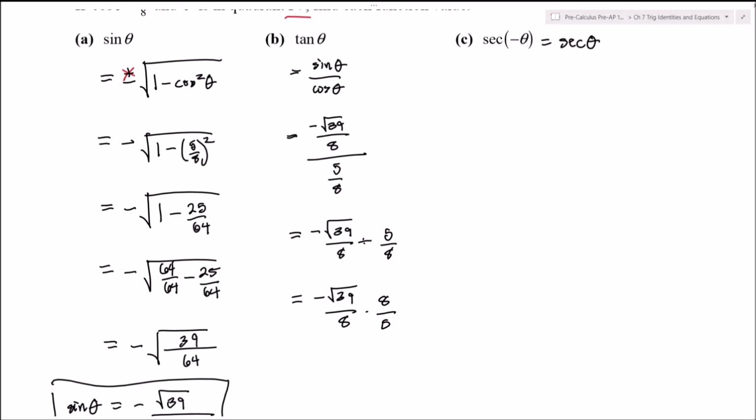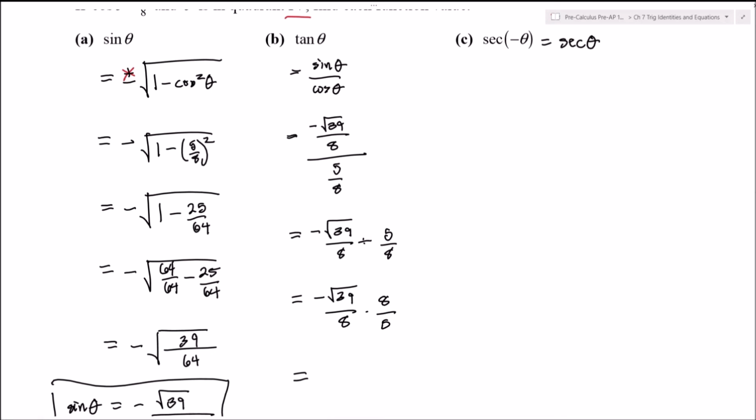Now when we multiply two fractions, you're okay to multiply the numerators together and the denominators together, and that'll result in the new fraction we're looking for. So you would get negative 8 square root of 39 over 8 times 5, which would be 40.